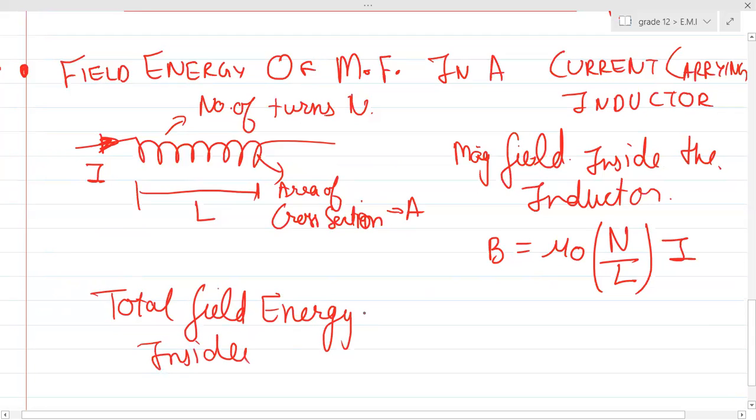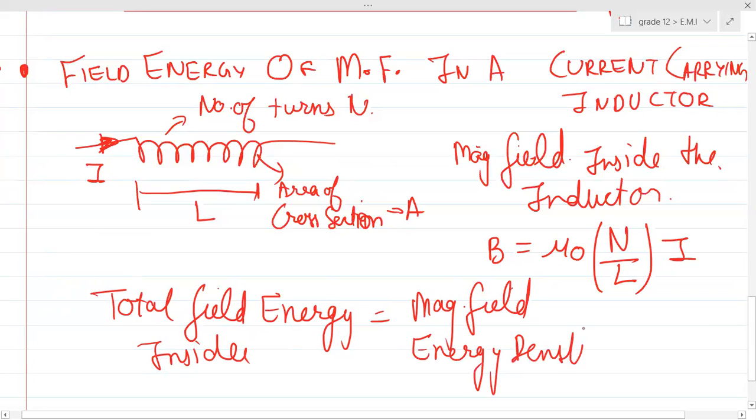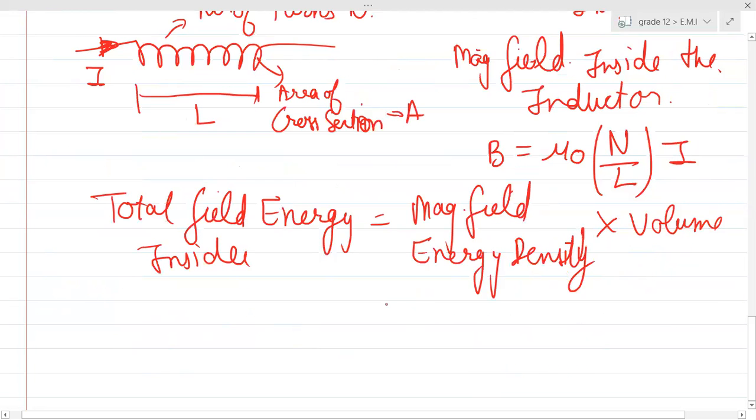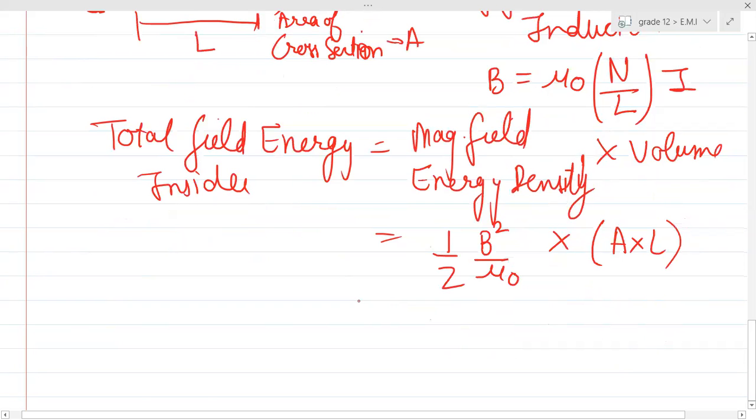Will it be equal to magnetic field energy density multiplied by volume? Can I write it like this? So magnetic field energy inside will be half B square upon mu naught times the volume. What is the volume? Area multiplied by length.